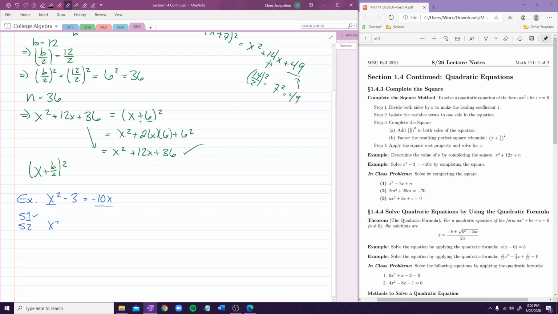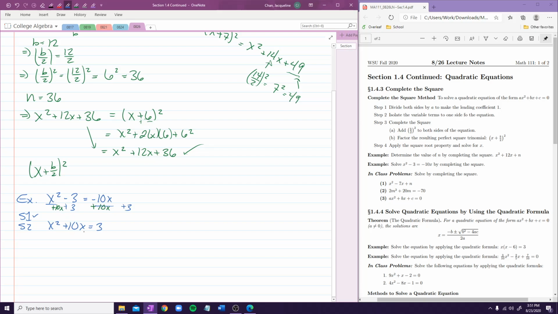So if I do that, I get x squared plus 10x is equal to positive 3. I added 3 to both sides, and I also added 10x to both sides. Now that we've isolated, we're going to complete the square.